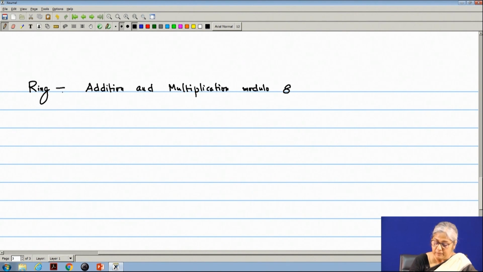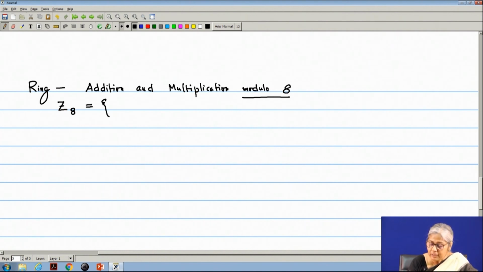If we remember, what will be the set when we are taking modulo 8? We give the notation Z8 for the set. What is Z8? If I take modulo 8, it is nothing but the remainder when some number is divided by 8.